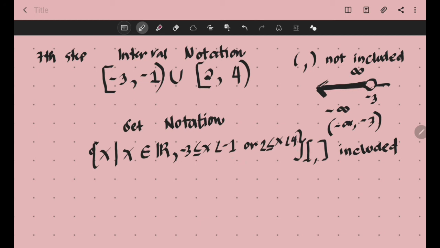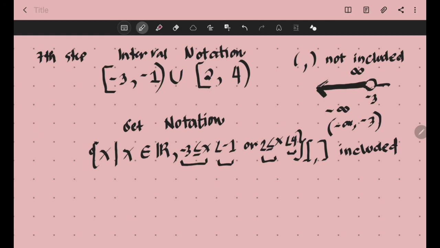So, makikita nyo naman sa symbol kung sino lang ang included at not included. Mapapansin nyo meron tayong equal sign dito, hindi ba? Dun sa less than. So, ibig sabihin, included si -3. Dito din kay +2. Included si +2. Si -1 naman at saka si +4, mapapansin nyo less than lang ang gamit natin at walang equal sign.